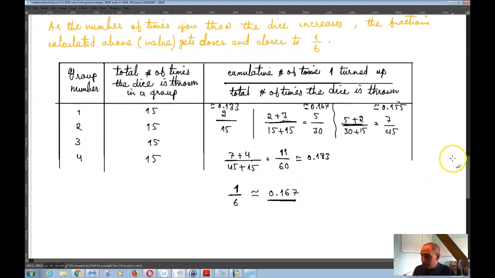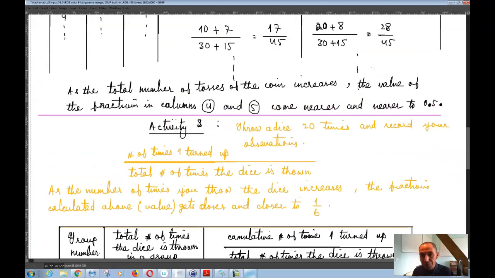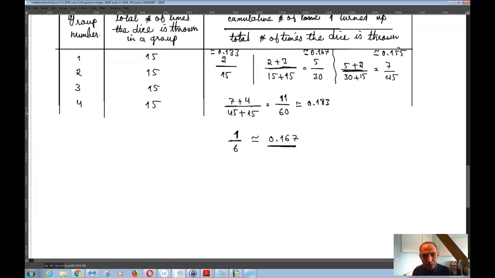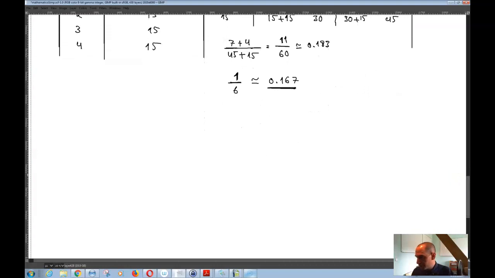So this was basically situation number, or activity number 3, and we had another activity over here which was activity number 4.